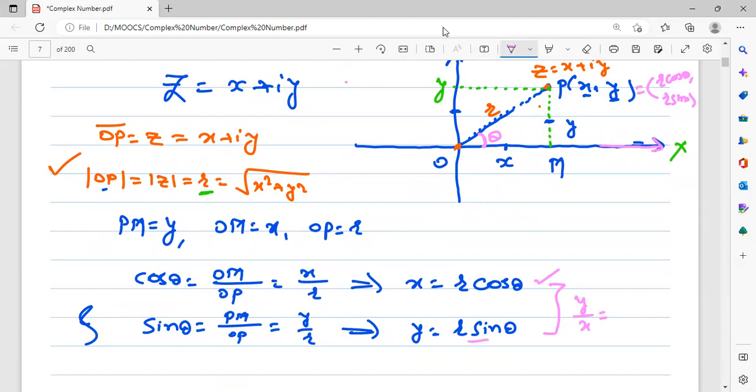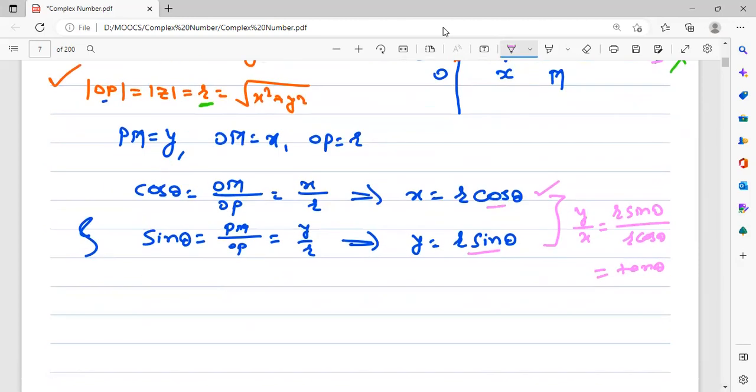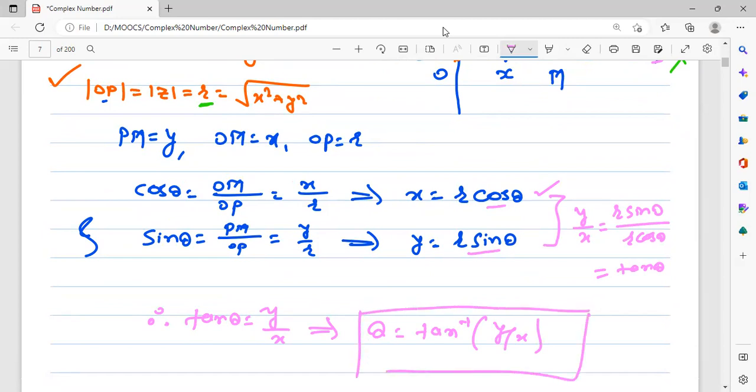It is r sin theta divided by r cos theta. The r cancels, and we get sin theta divided by cos theta, which is tan theta. So tan theta is equal to y divided by x, and from this we get theta is equal to tan inverse of y divided by x, and this is nothing but our amplitude.